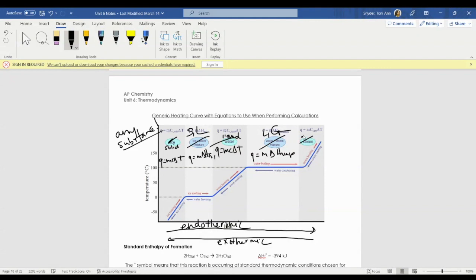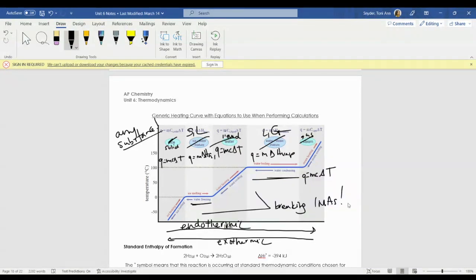Finally, if I have a gas, and I'm raising the temperature of a gas without going through a phase change, I would use the equation again, Q equals MC delta T. Because I could change the temperature of a gas or a liquid or a solid because I'm not breaking any intermolecular forces. There is no temperature change during the phase change. So there's no temperature change here, and there's no temperature change here, because you're breaking intermolecular forces.